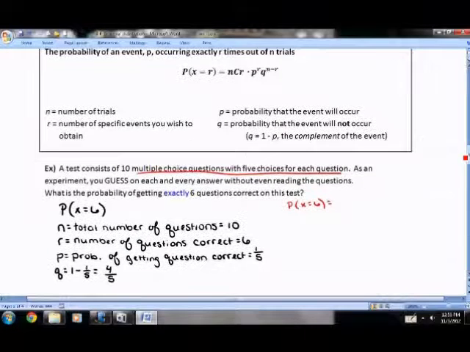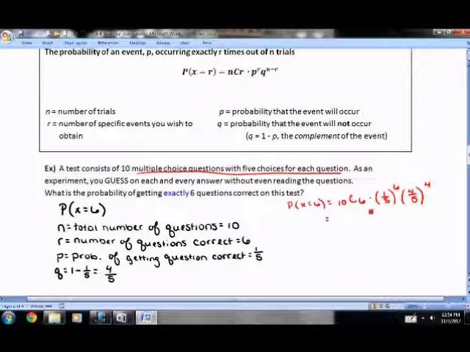So your n, which is 10, C, r, which is 6, times the probability, which is 1/5, to the r power, the probability of getting 6 right, so it's 1/5 to the 6th power, times the probability of getting it wrong, which is 4/5. And how many of those problems are we going to get wrong? If we get 6 correct, we have 10 minus 6 wrong, which means we're getting 4 wrong. Now all we do is solve it out.